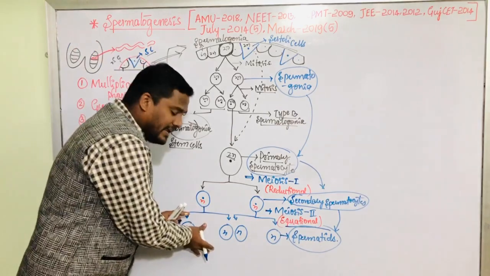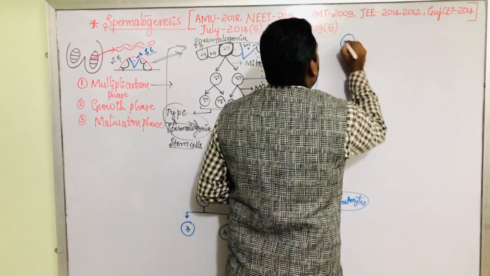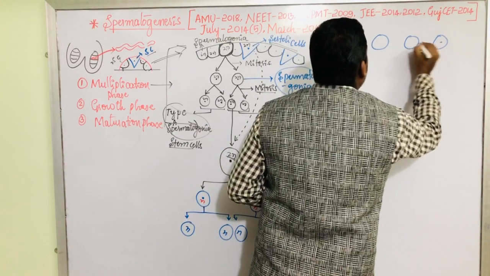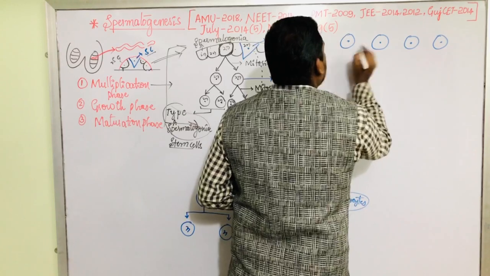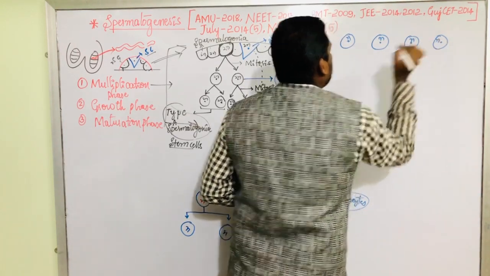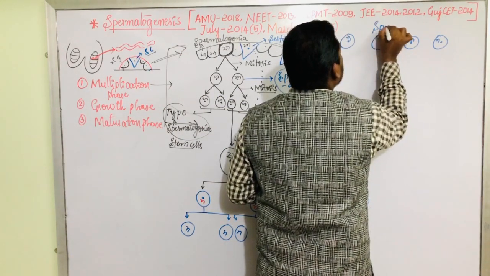Now, I am taking all these spermatids here. I am drawing the same structures. 4 spermatids are formed, and all these 4 spermatids are haploid. They are the spermatids.